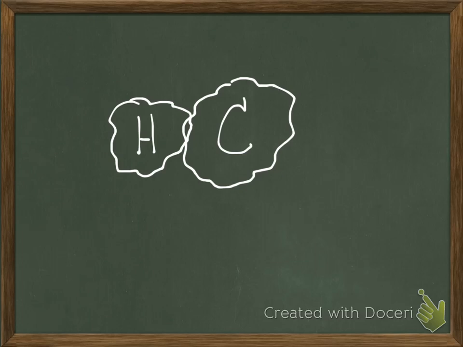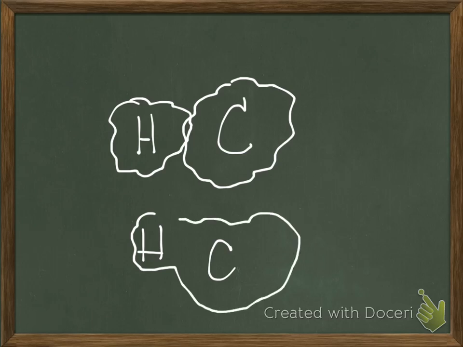Now, whoever shares electrons more strongly basically pulls the cloud in towards them. So it ends up looking more like this than like that, because hydrogen doesn't get to keep a lot of its cloud.